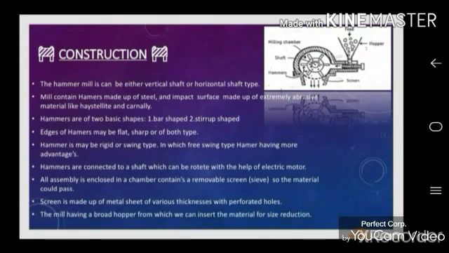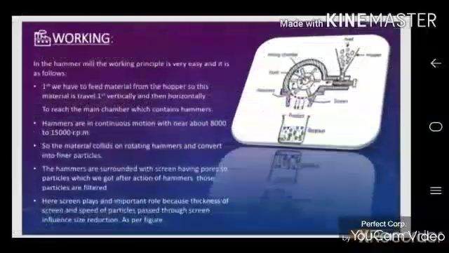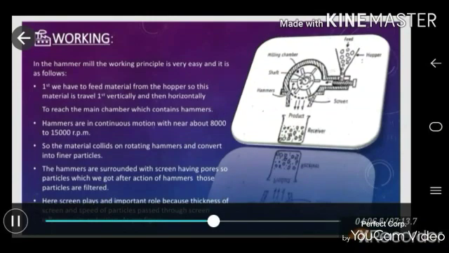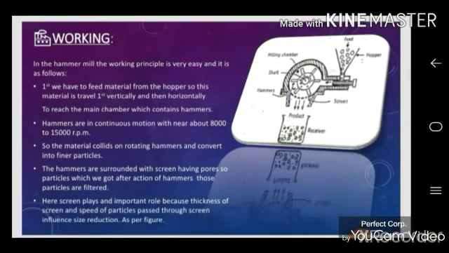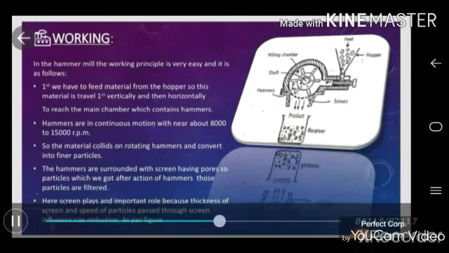So after the construction, let's move toward the working principle of hammer mill. The working principle is very easy, and it is as follows. First, we have to feed material from the hopper.